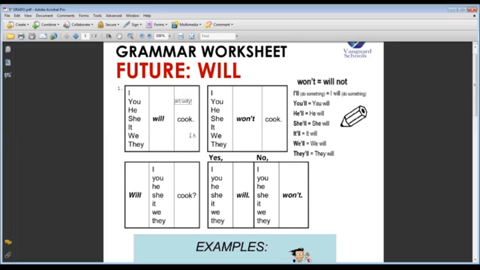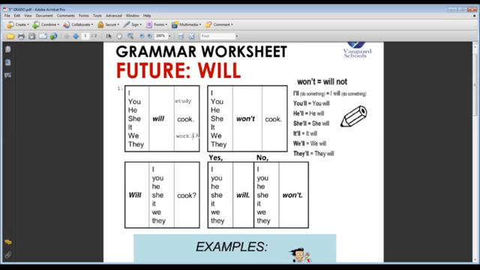I want to use a different verb. Work. Okay? Work. Trabajar. For example, I want to say, she will work. Ella trabajará. We will work. Nosotros trabajaremos.